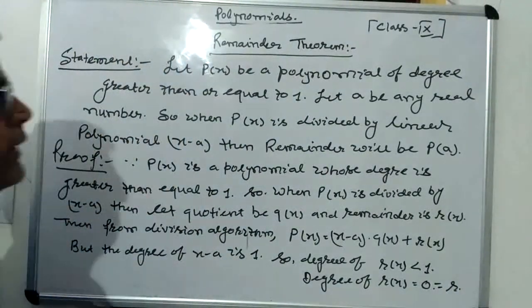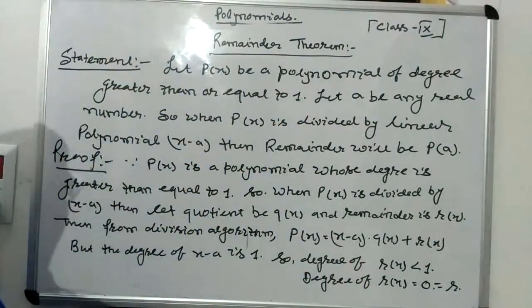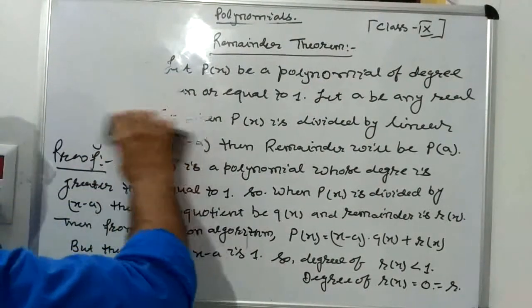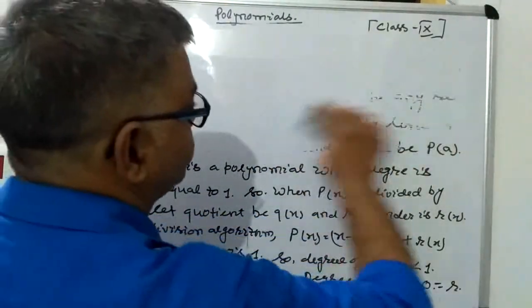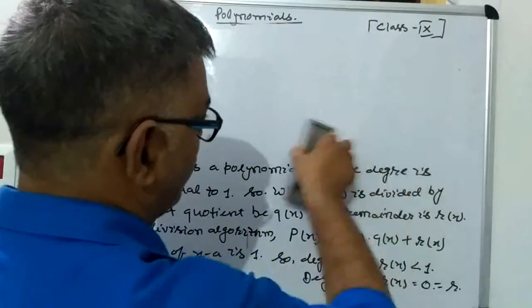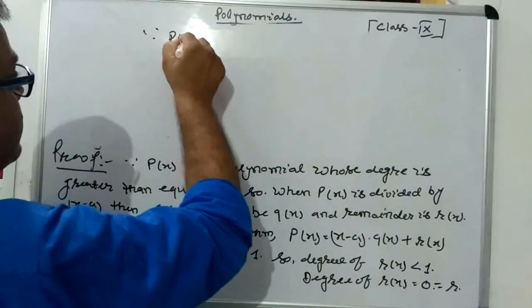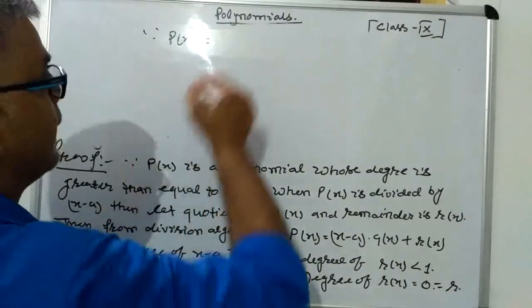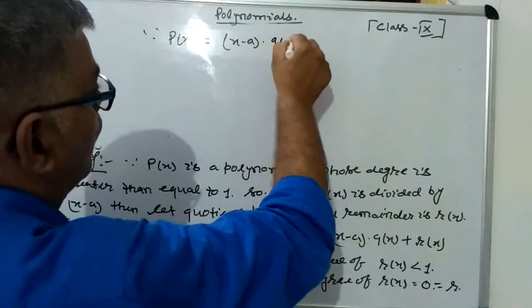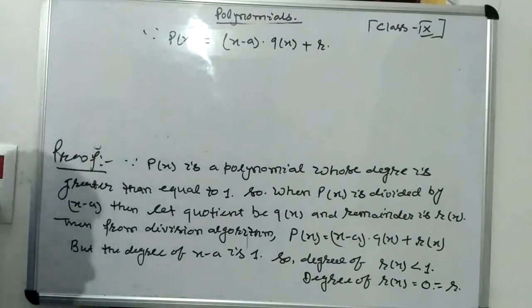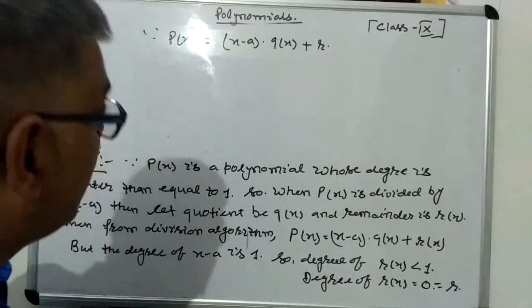So now we can write this equation. Since P(x) equals (x minus a) into q(x) plus r, because the degree of R(x) is 0, its value will be constant, that is only r.